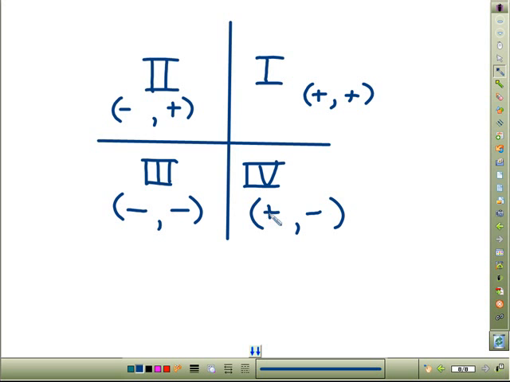Okay, now let's look at how we would put all this together to just work a simple problem. Let's suppose that you're given this: sine theta is equal to 2/3. Okay? And here's what we have further.